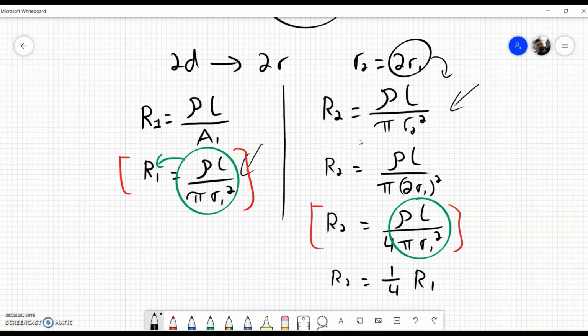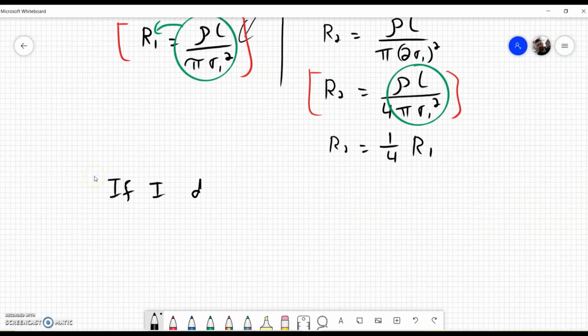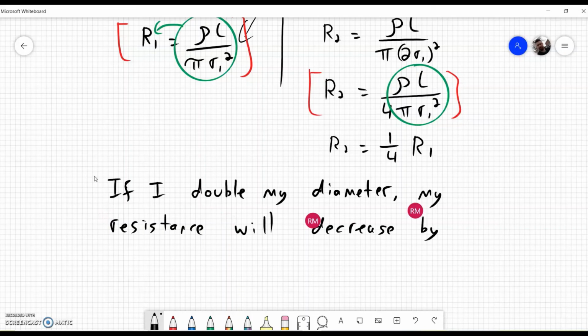So I'm just going to write that in words. If I double my diameter, and I'll move this up so it's more on screen, if I double my diameter, my resistance will decrease by a factor of 4.